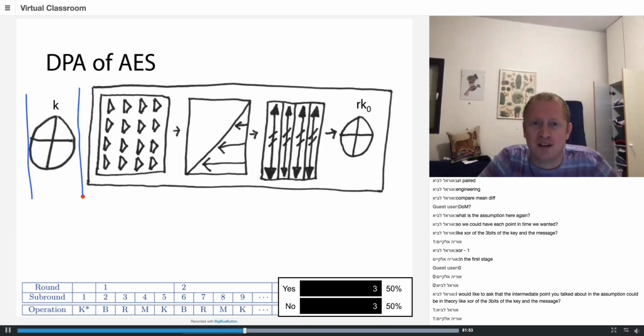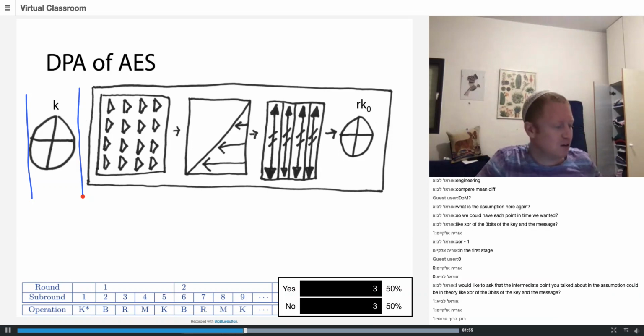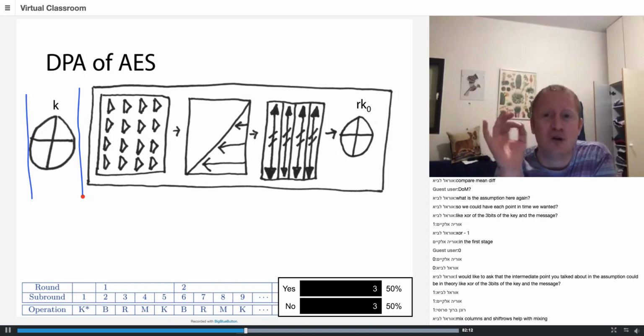Right, so the answer is only 1 bit of the key affects 1 bit of the state, because we just XOR 1 bit with 1 bit. And this means that looking at this point is not so good because of the linearity. So I might have time to cover it in the next hour.